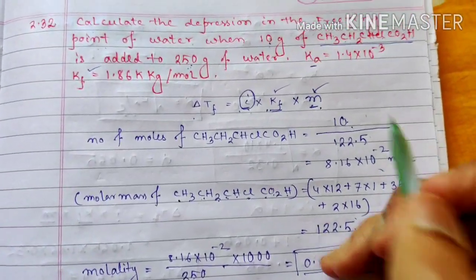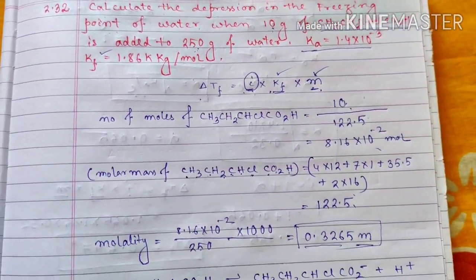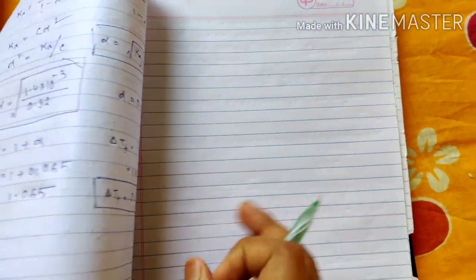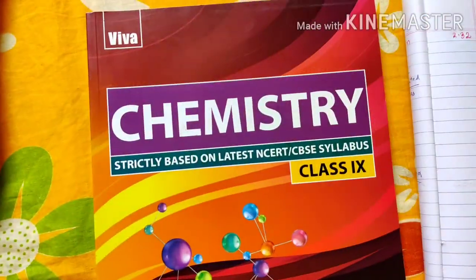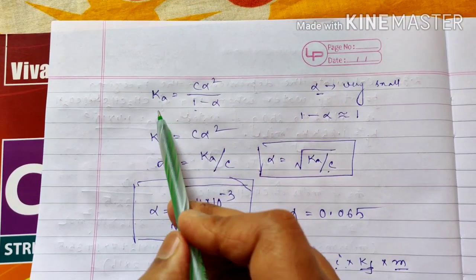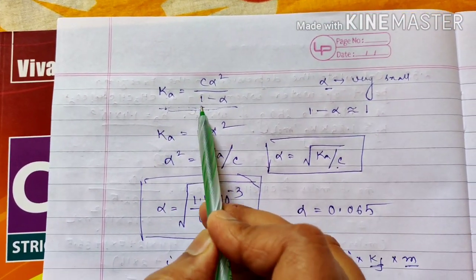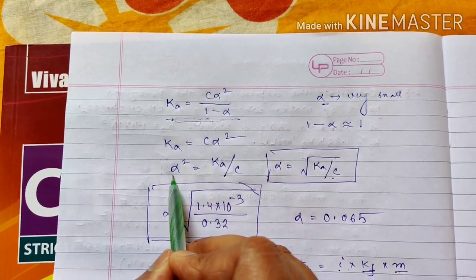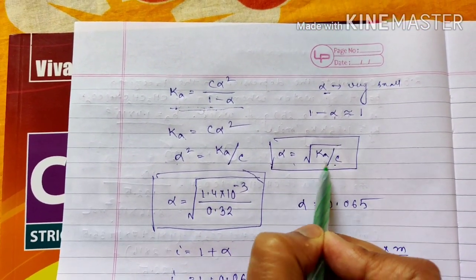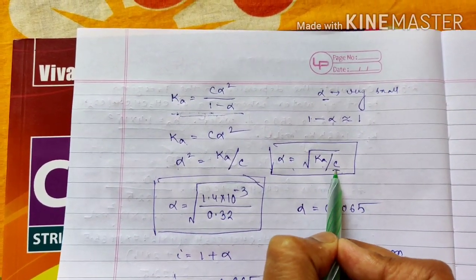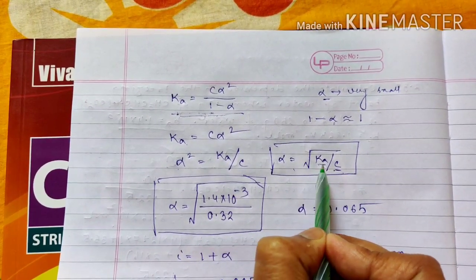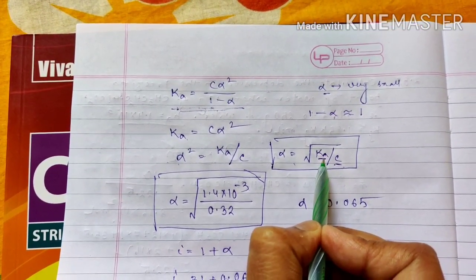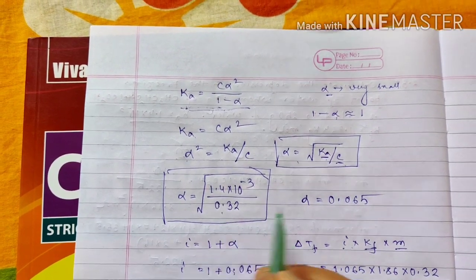As you can see in the question, the value of Ka is given. Very interestingly, we have derived this formula, and since alpha is very small, the equation simplifies. This becomes alpha is equal to root over Ka by C. Concentration is the molar concentration, and Ka is the given value. So we put the value and get alpha.